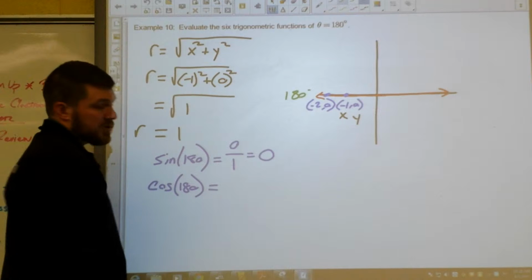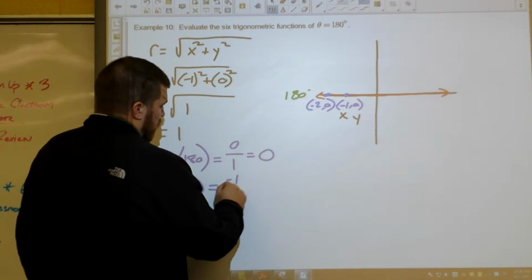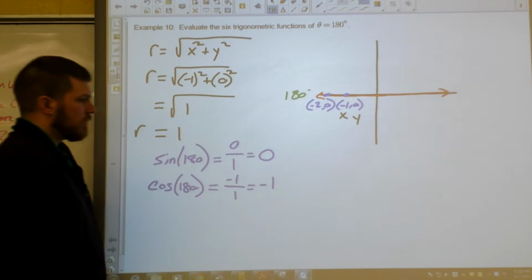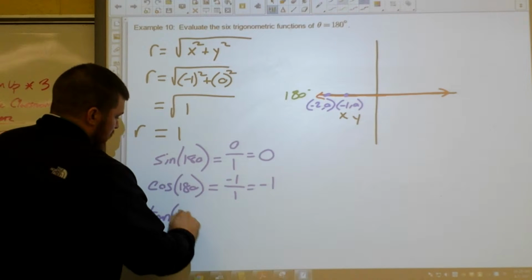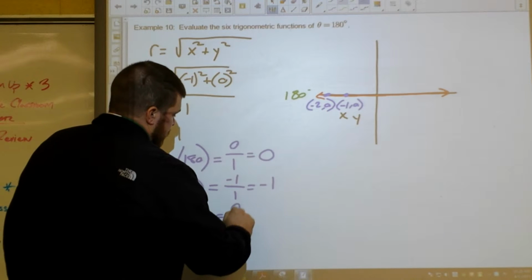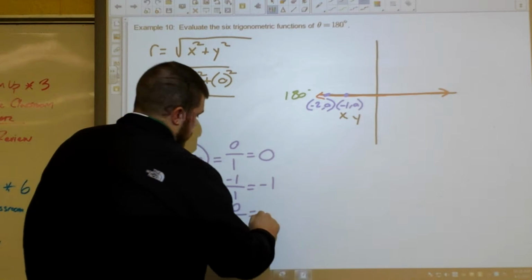Sorry, I just caught that mistake and had to fix it. Cosine is x over r, so we have negative 1 over 1, which is going to be negative 1. Tangent of 180 is y over x, so I have 0 over negative 1, which is going to be 0.